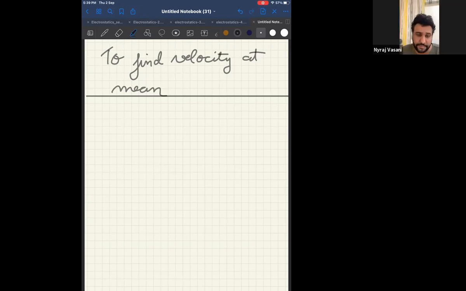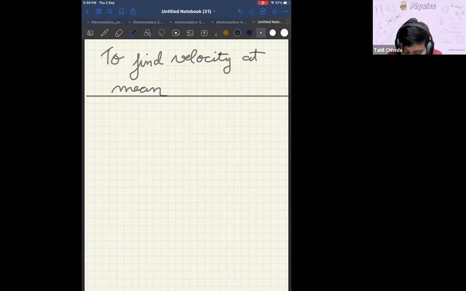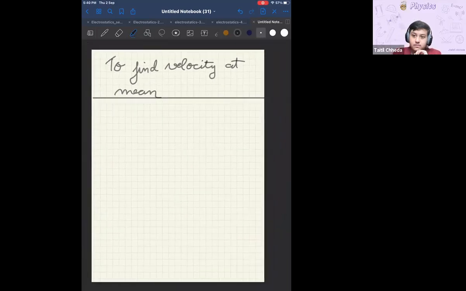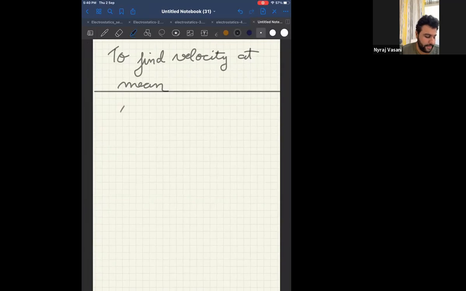Nikhil, check your answer. Okay, start. Now to find velocity at mean, everyone look at the screen. We know the formula for velocity, the general formula is what? Correct?